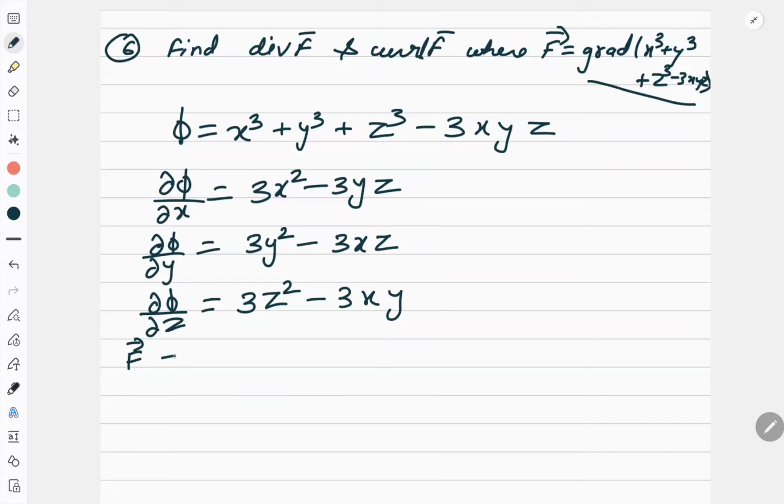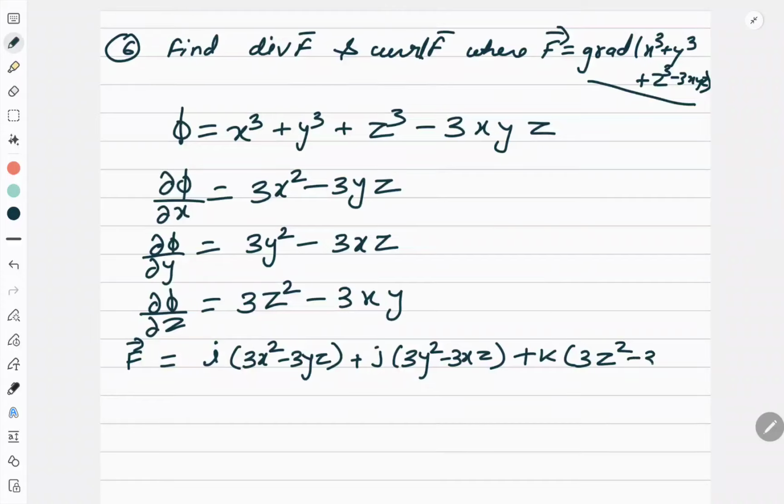F is the gradient, right? So the gradient is i (3x square minus 3yz) plus j (3y square minus 3xz) plus k (3z square minus 3xy). Correct? Now my next target is to find the divergence of this function and the curl of this function.